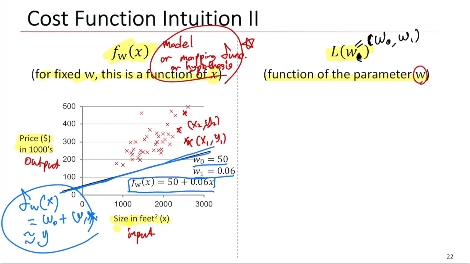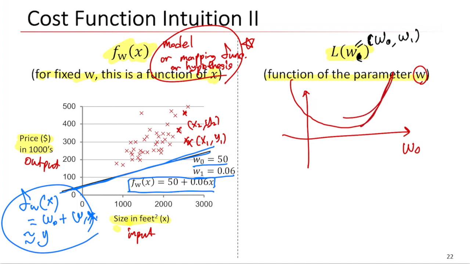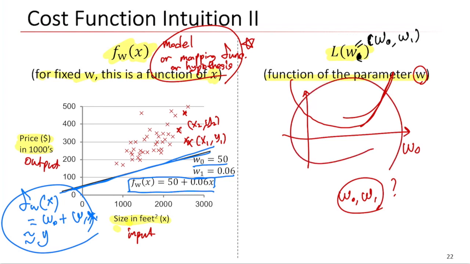In the previous slide, we just considered W0, and we could draw the bowl-shaped cost function. Then in this case, we have two variables, right? How can we visualize this cost function?